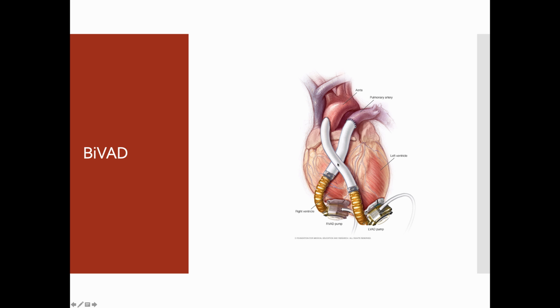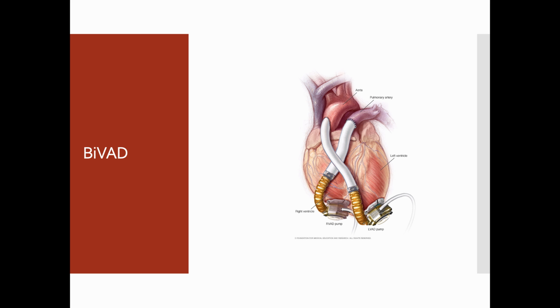When the pulmonary pressures are high, it makes it very, very hard to use an RVAD, and this patient certainly can't survive with just an LVAD. They also need right ventricular support. But when the pressures in the pulmonary arteries are high, it's really hard to get the RVAD to work and to support the heart well enough.